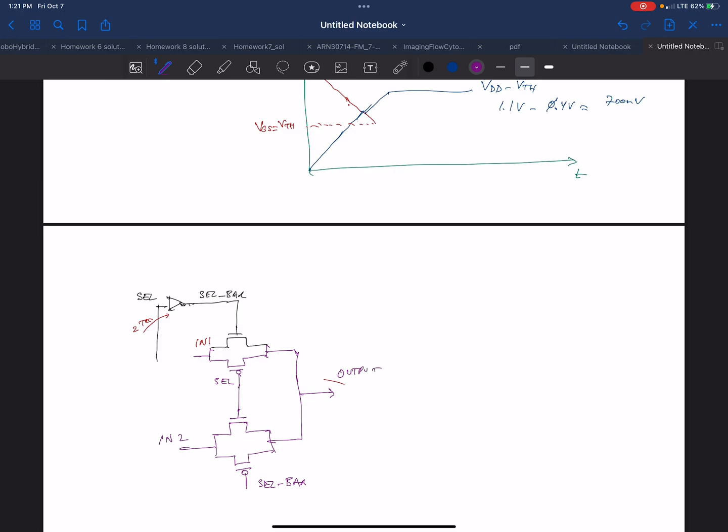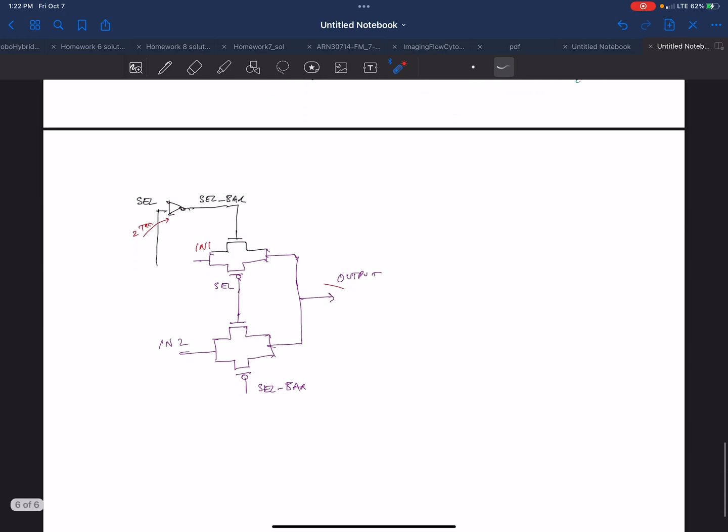So now I added 2 more transistors. So I end up with 1, 2, 3, 4. There's 2 transistors in here, 6 transistors. And now I can pass both a 1 and a 0 equally well.